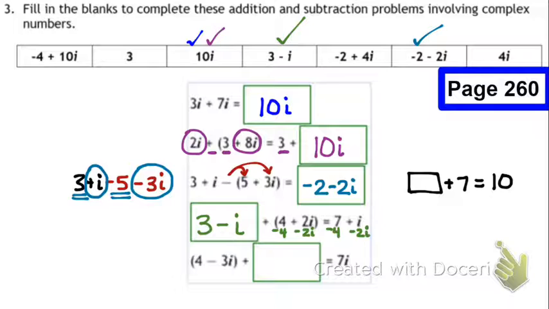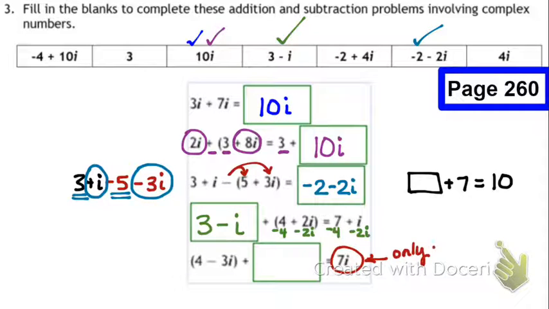Last one here. They tell me the answer. What do you notice about that answer? It's just 7i. Is that real or imaginary? Imaginary. Does it have a real part? The 7 and the i together make the imaginary. When I talk about a real part, that would be like this part right here.